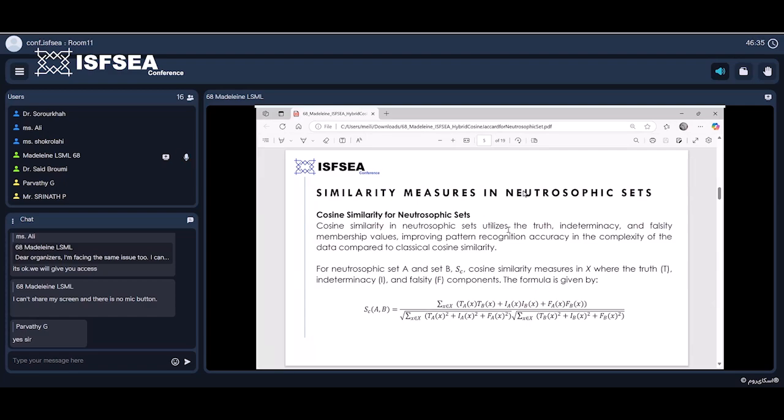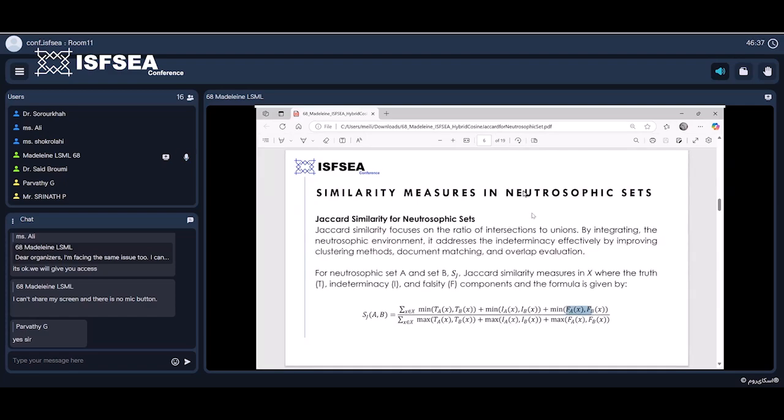The classical Jaccard, we are going to have a ratio of intersection to union. So we are going to address in Neutrosophic sets, we improvise and emphasize the interdependency so that we can handle more complexity of the data.